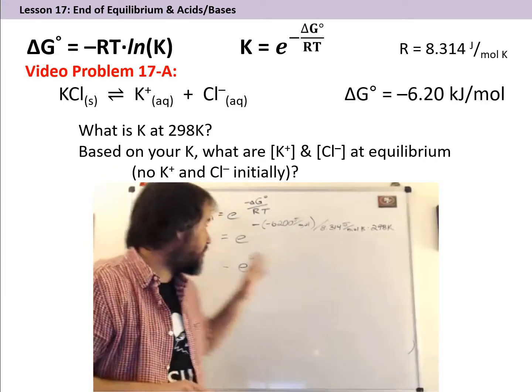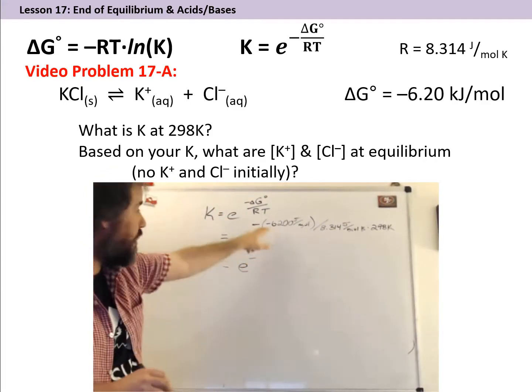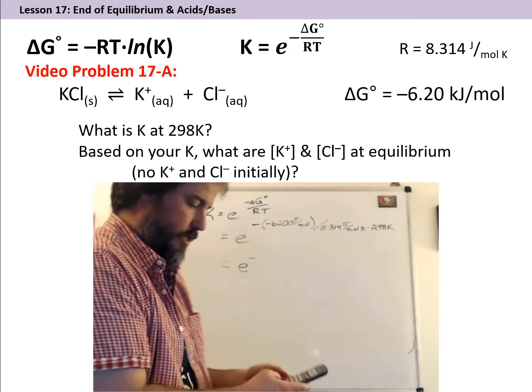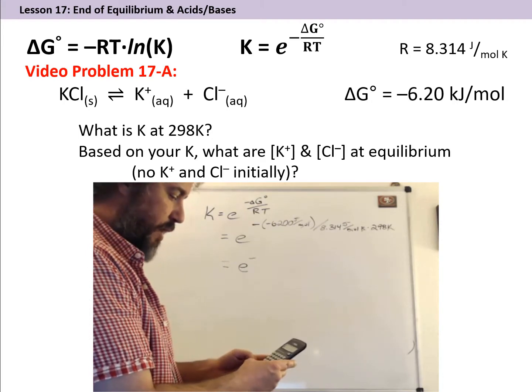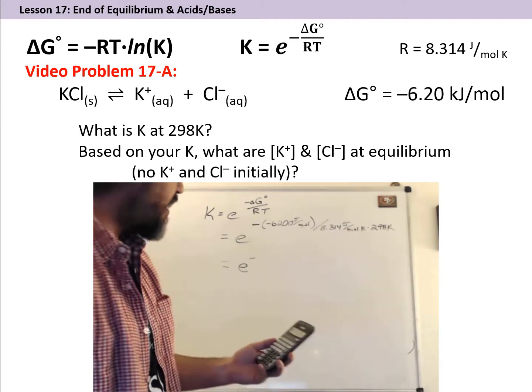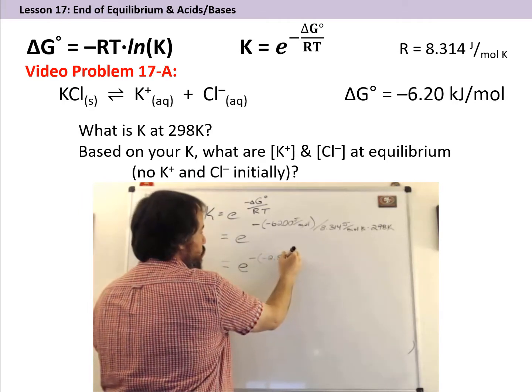All right, we're back. I just had a slight hitch. So I go ahead and plug this all in. 6,200 divided by 8.314, divided by 298. That's going to get me negative 2.502.